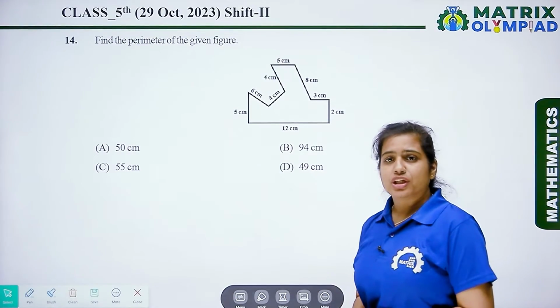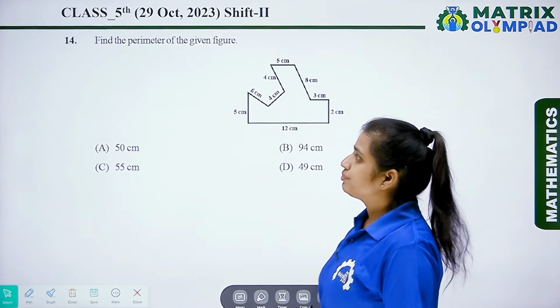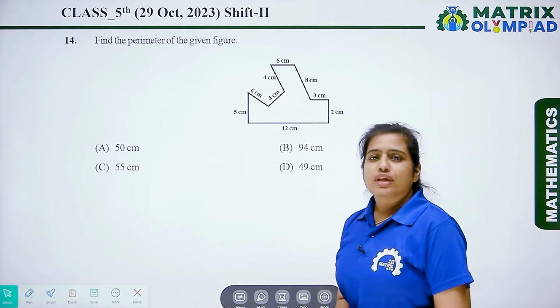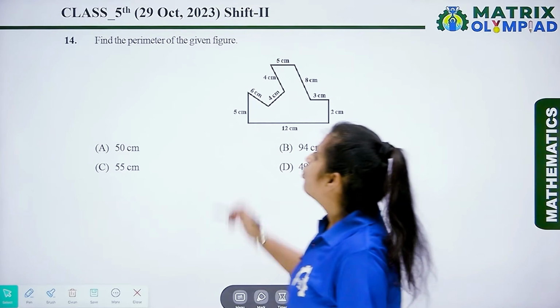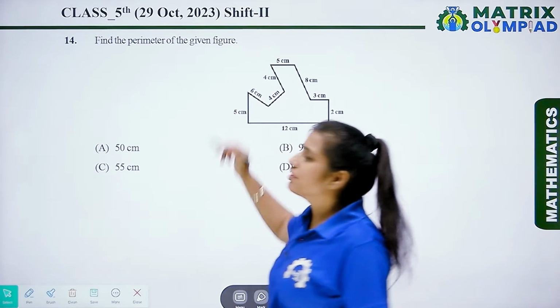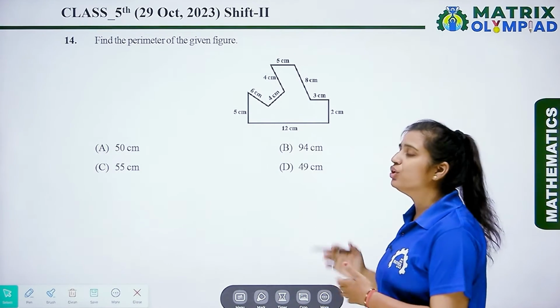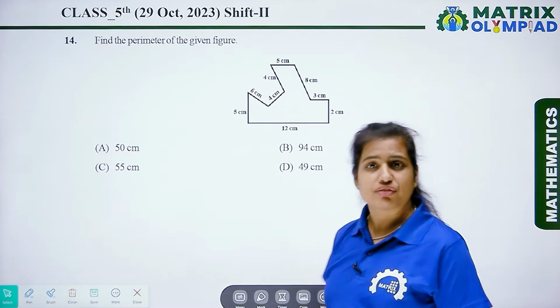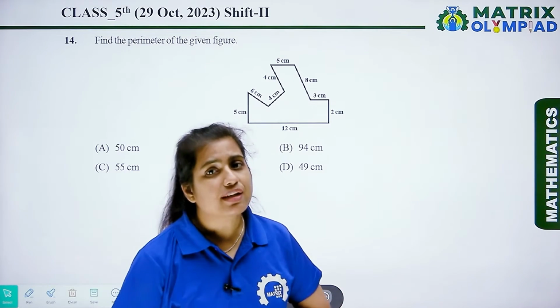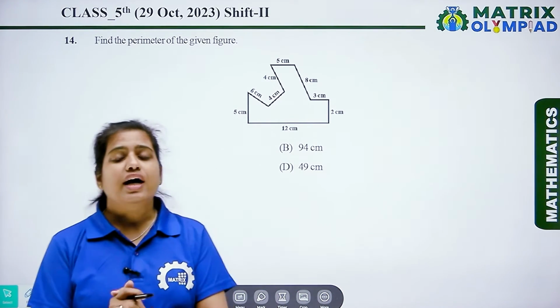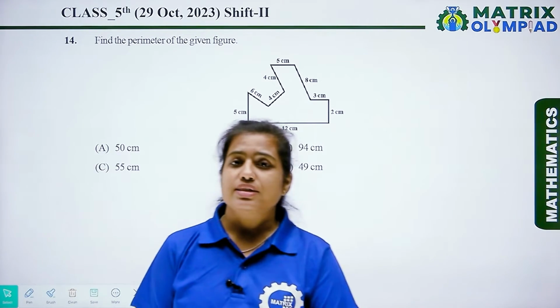Now the next question is question number 14. Find the perimeter of the given figure. We have to find out the perimeter of this given figure, and we know that this figure is an irregular figure. So to find out the perimeter of an irregular figure, we have to add all the sides.